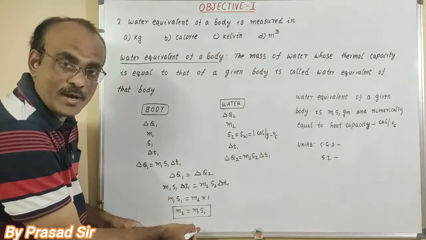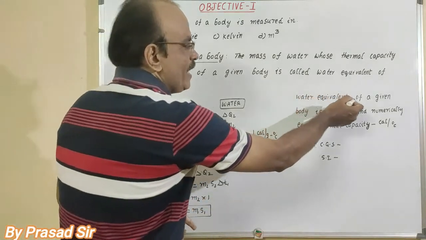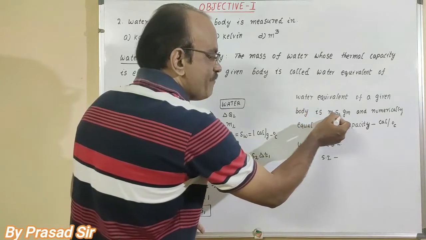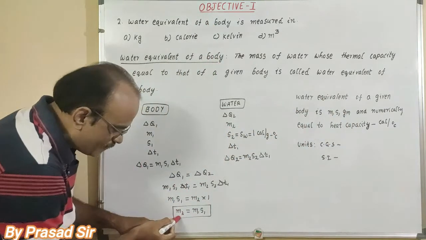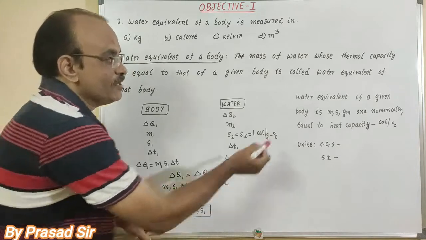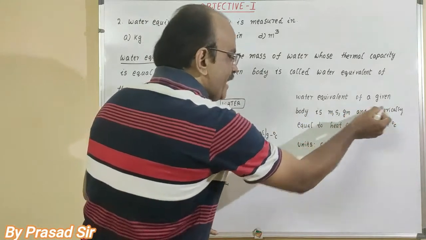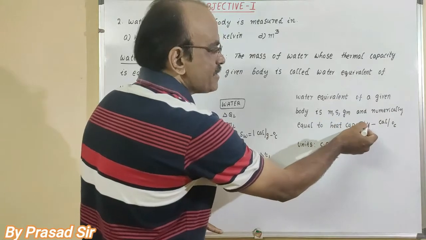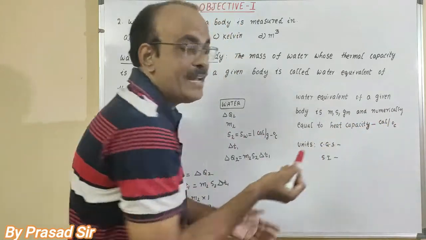This is the water equivalent. So the water equivalent of a given body is m1 S1 grams, because m2 is equal to m1 S1, and its unit is grams. Numerically it is equal to the heat capacity, whose unit is calorie by degree centigrade.